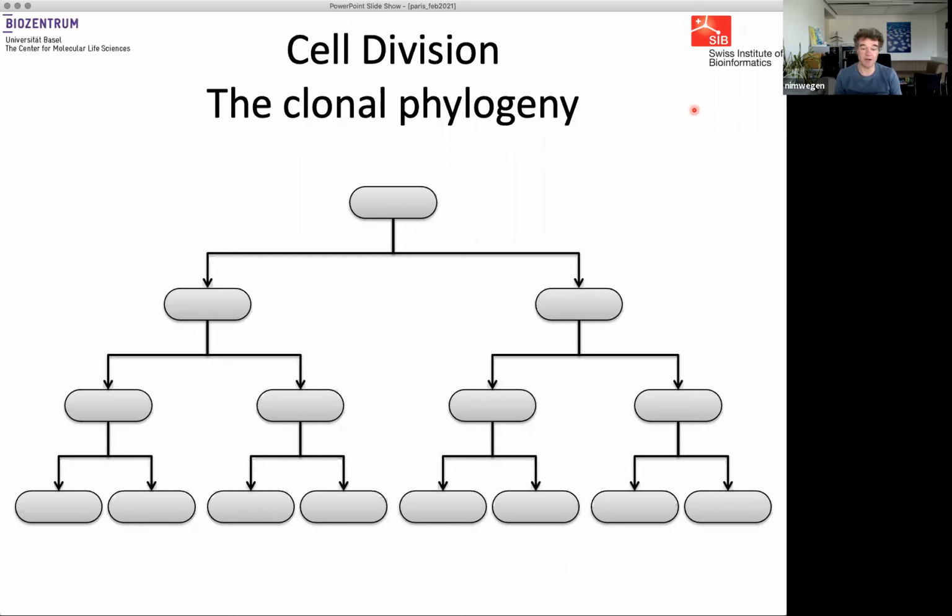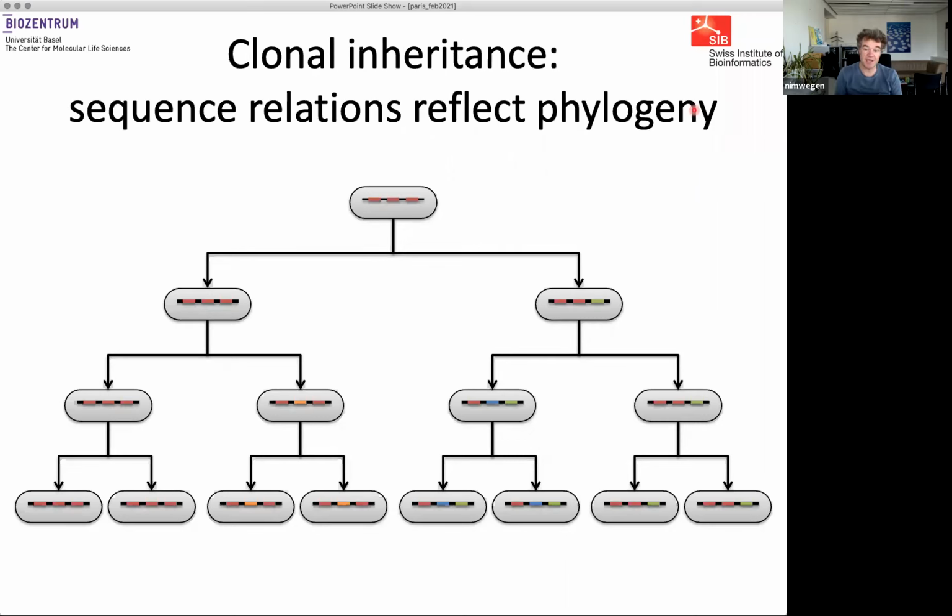And so if DNA is transmitted only vertically through replication at cell division, then from the patterns of the DNA at the leaves, so of the strains that you actually sequenced, you should be able to reconstruct this clonal tree. That is the tree that reflects the cell divisions.